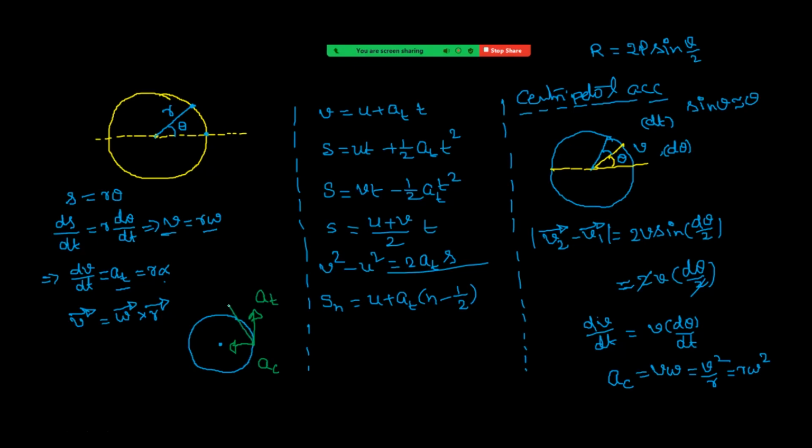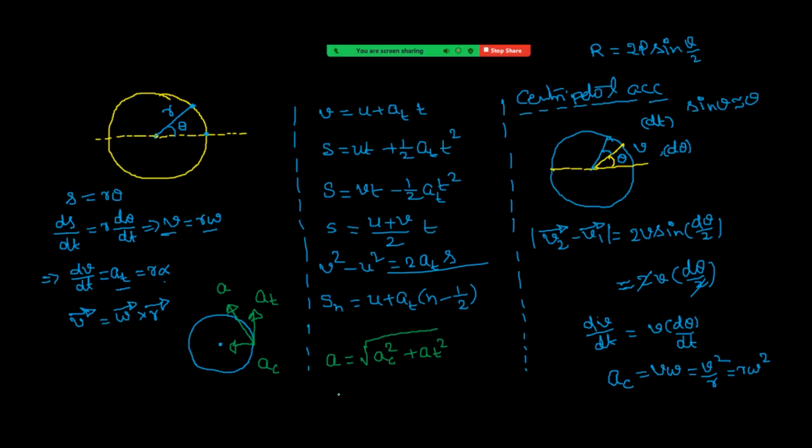Now this is the resultant. Whenever you want to calculate acceleration, we have to find the tangential acceleration and the centripetal acceleration, then take the resultant of those two. Between these two, the angle is always 90 degrees. So we can write the modulus of the acceleration as the square root of AC square plus AT square.